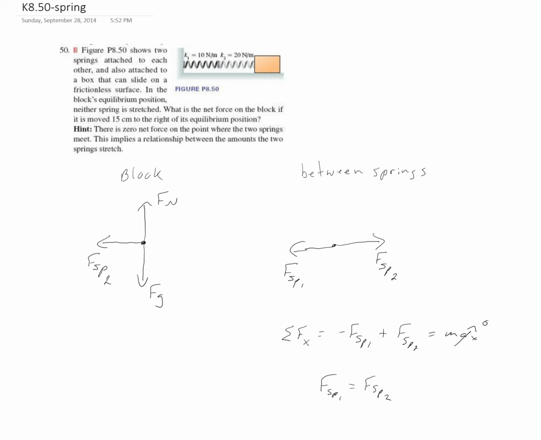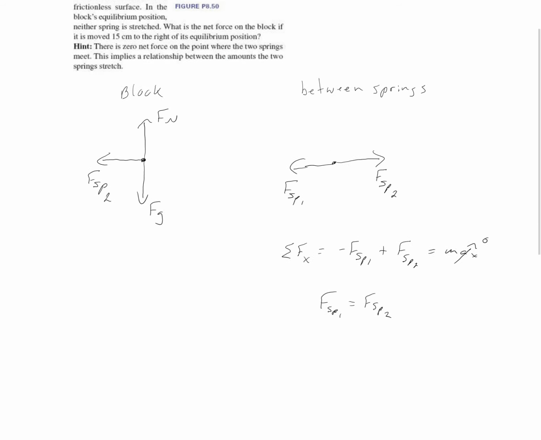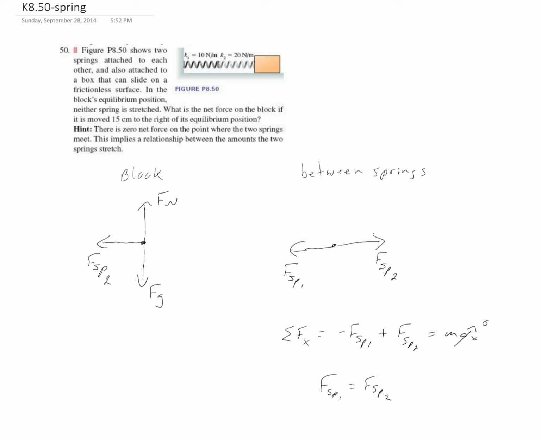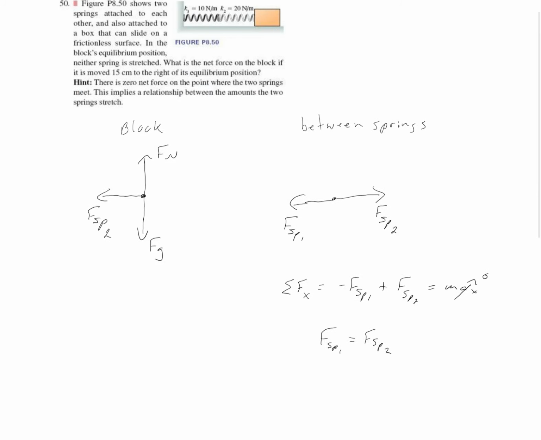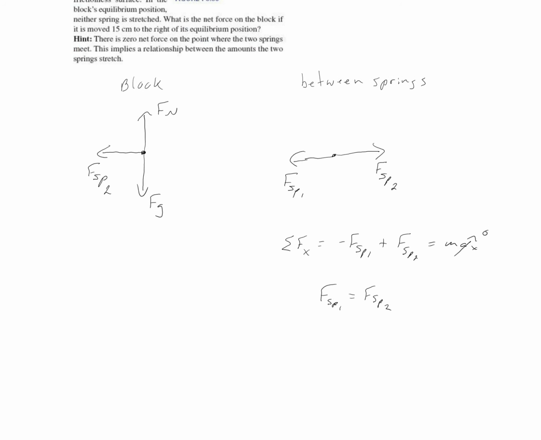Let's see, what does the question ask? What is the net force on the block? So we want to know what is the net force. So the net force is essentially going to be force from spring 2. In this case, we're told that the force that pulled it out there is gone, and so the spring is going to cause the block to move back to the left.